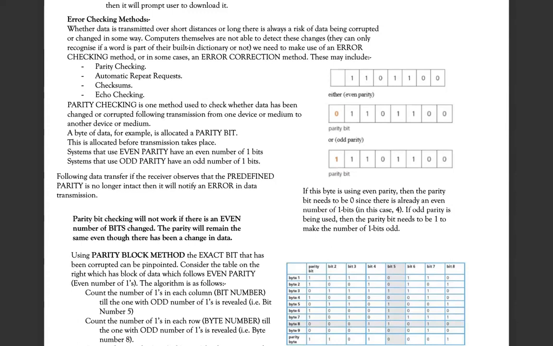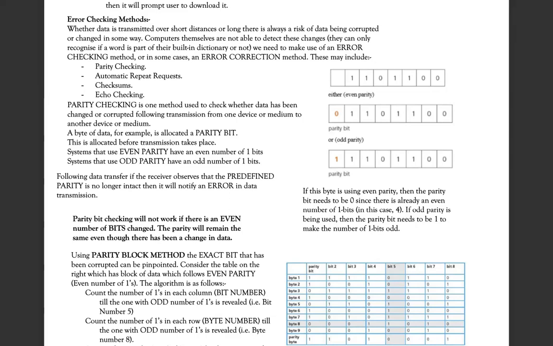Now we need to understand that there are two aspects here, two error checking methods. There is error checking only, in which my communicating devices use methods to simply identify that there is something wrong in the data.